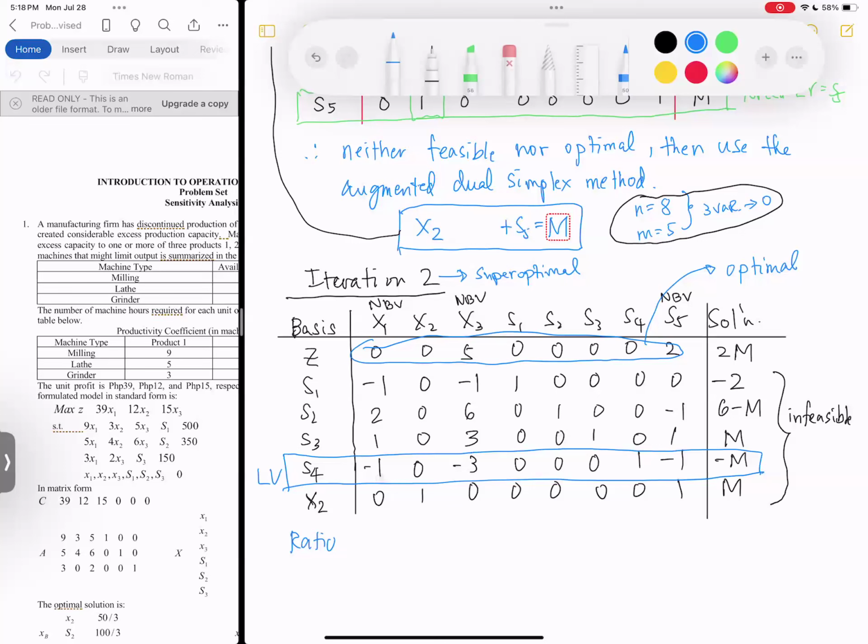Okay. What is not allowed is the denominator cannot be 0 or positive. But if the numerator is 0, you can take the ratio. Next, this one. 5 divided by -3, that's -5/3. And then, next, this one, divided by -1, that's -2.